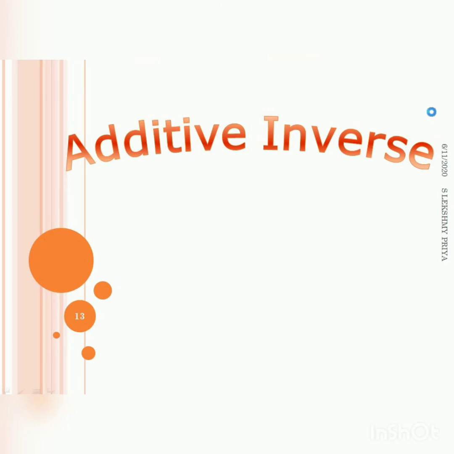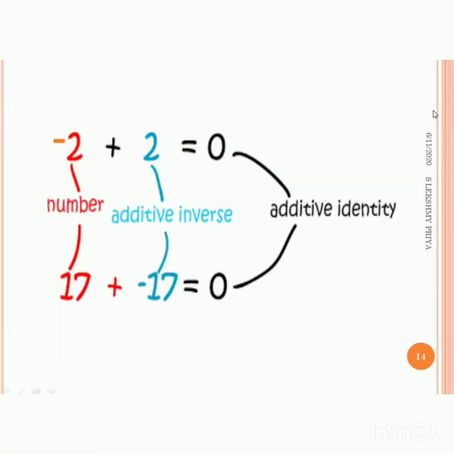When you are adding any two integers, if the answer is the additive identity, here the additive identity is 0, correct, then we can say that one number is the additive inverse of the other. Another name for it is opposite.